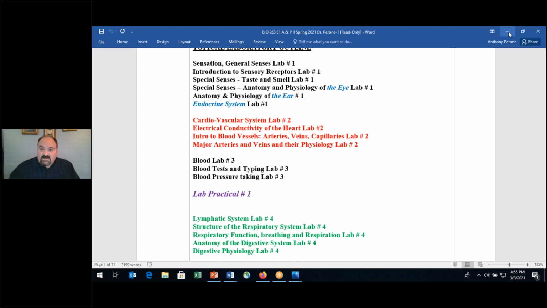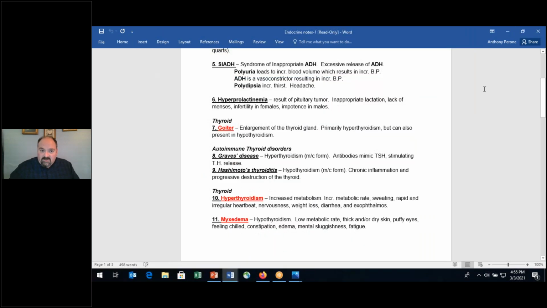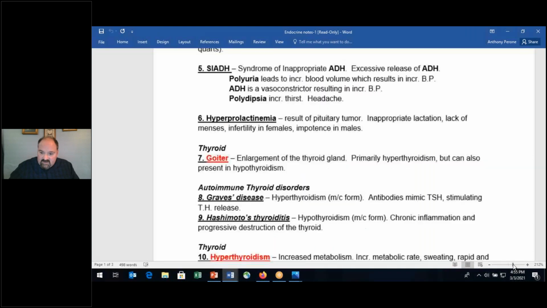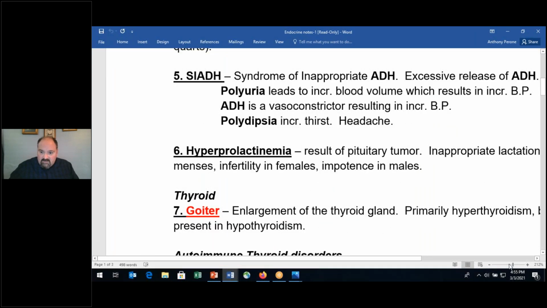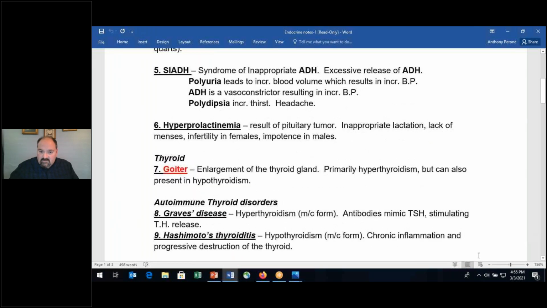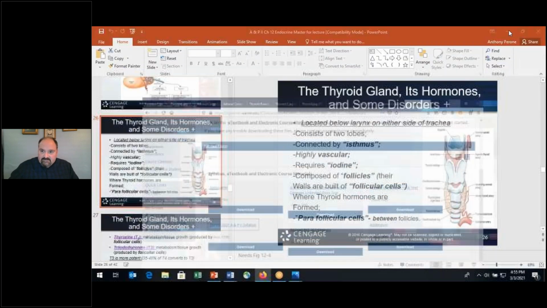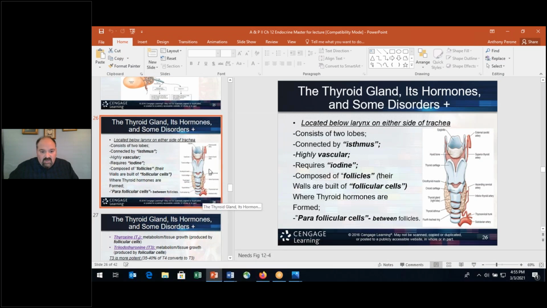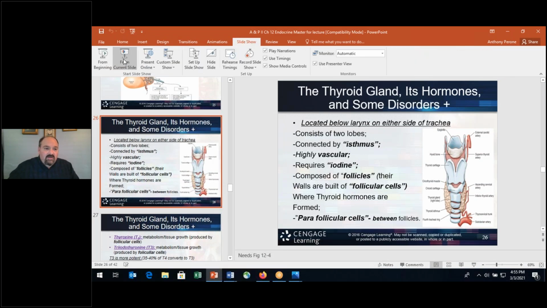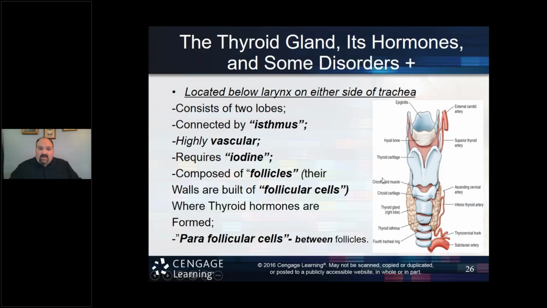All right, folks, so let me stop showing that, and let's make this a little bit bigger. Okay, I'll come back to that image there. So here we have, let's go into the PowerPoint regarding the thyroid gland.